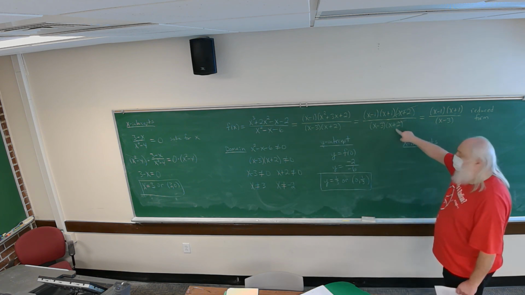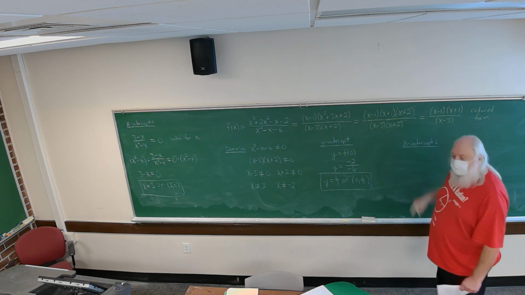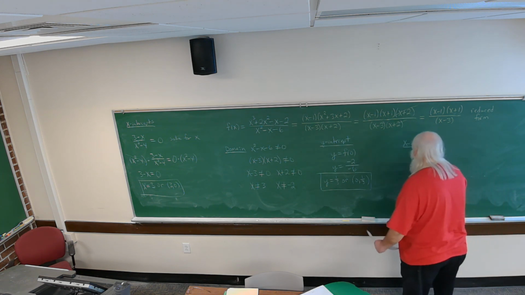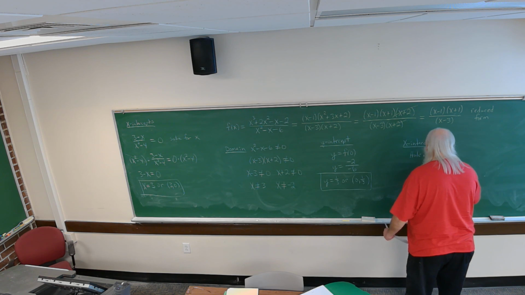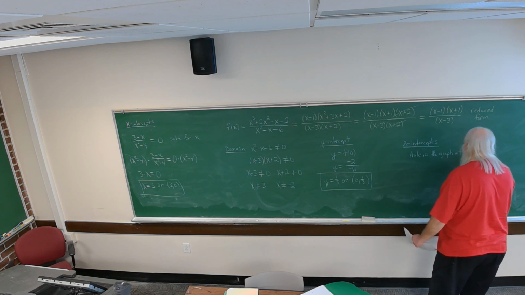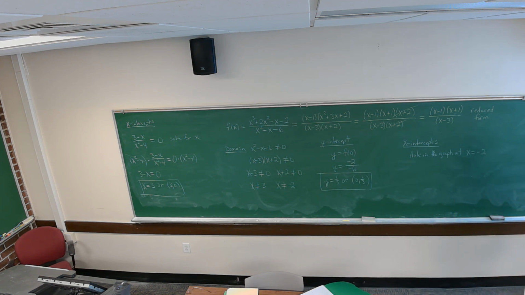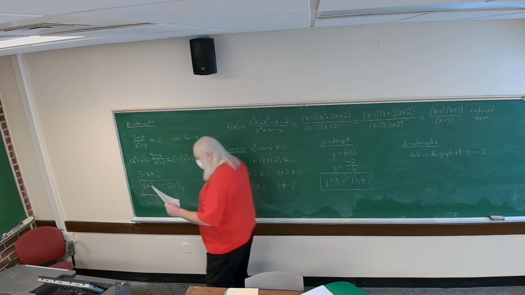X equals minus 2 is not in the domain, but what's happening on the graph at x equals minus 2 is that there's a hole in the graph. So now we can set the numerator equal to 0 and solve for x, and that'll give us the 2 x-intercepts in the graph of that rational function.